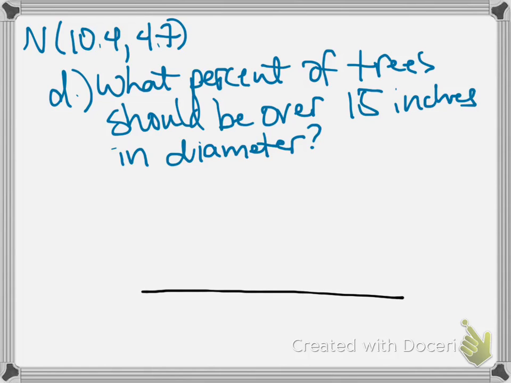So I'm going to draw in our standard normal curve. We know that our mean, of course, is at 0. But let's figure out what our z-score is for a diameter of 15 inches.